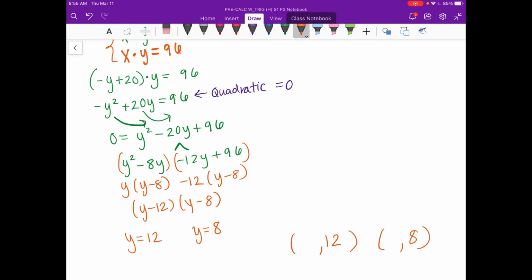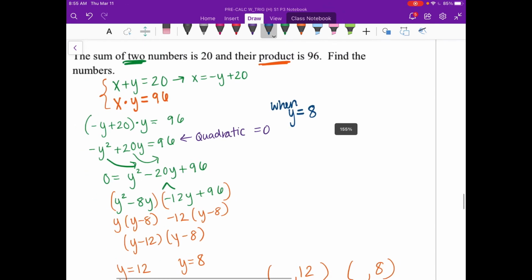Okay, so we just have to figure out what those corresponding x values will be. In this case, to find my x value for when y equals 8, let's just go there. So when y equals 8, I'm going to substitute it. It doesn't really matter which one you choose. I'm going to go with the x plus y equals 20.